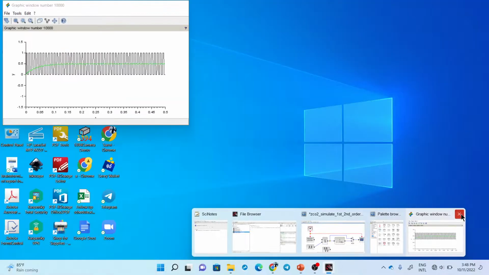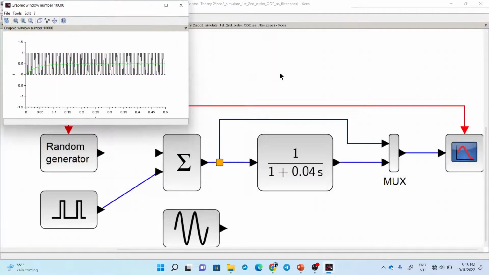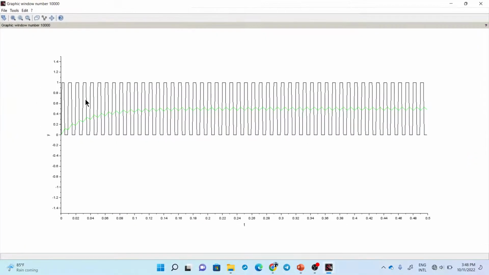I need to delete this one first. Yeah, I need to close it first. So it's okay if we start from 0. How do I zoom it?